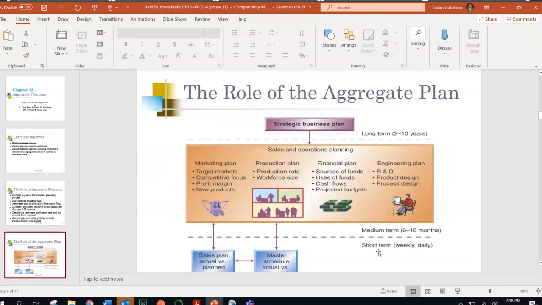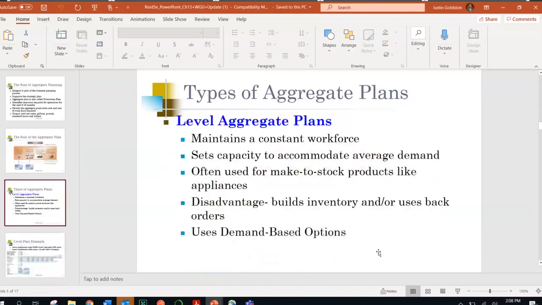We're all on board in terms of the forecast that we're working off of. Because if we are all in agreement with the forecast, now we're able to reduce our inventory levels. We're able to have that lean thinking which we discuss in other chapters within this course. Okay, and the aggregate plan falls into that.